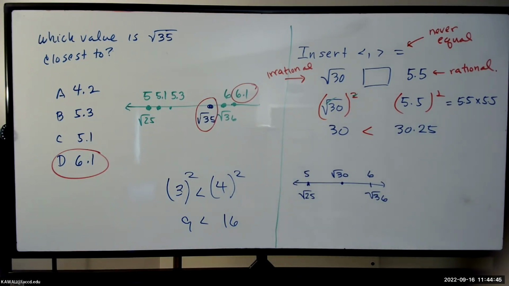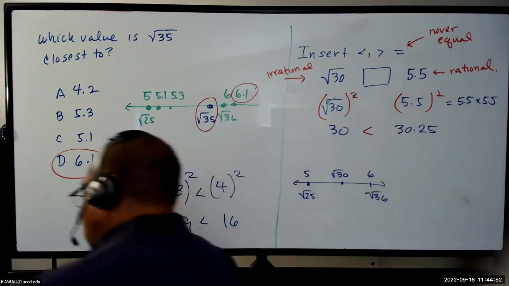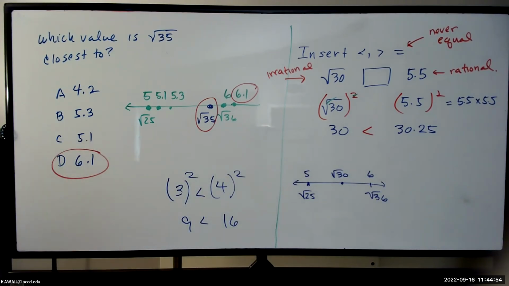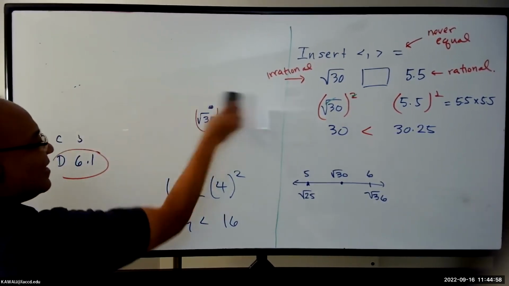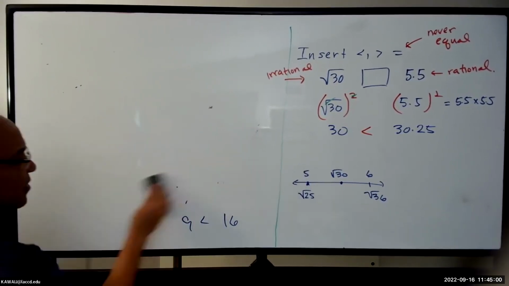Okay, so let's do that. So let's give you another one to try. Thank you, Professor. This is a very cool method. Okay, good. All right, so let's give you another one.